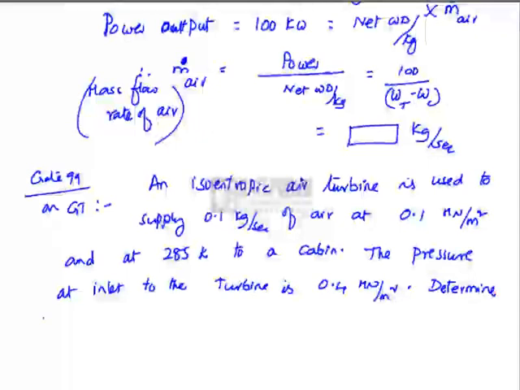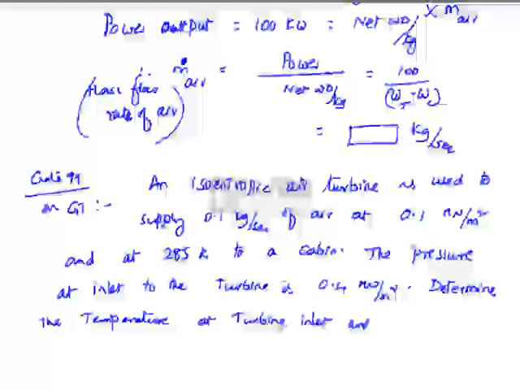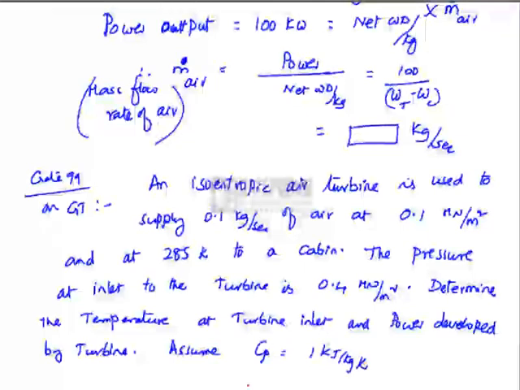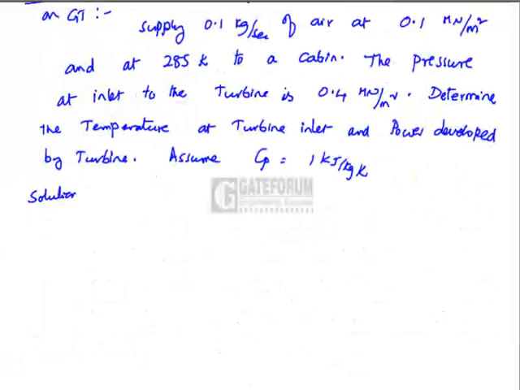Determine the temperature at turbine inlet and power developed by the turbine. Assume Cp is equal to 1 kilojoule per kg Kelvin. The solution to this problem can be given like this.